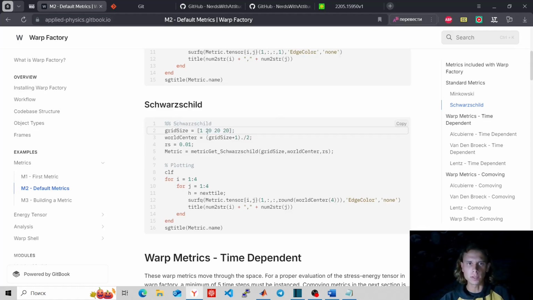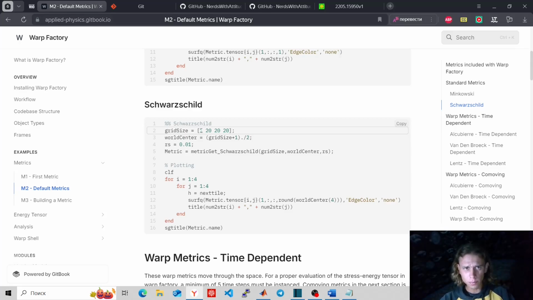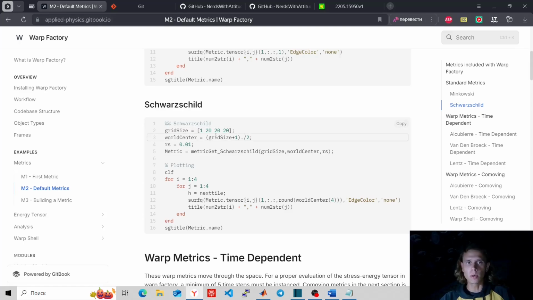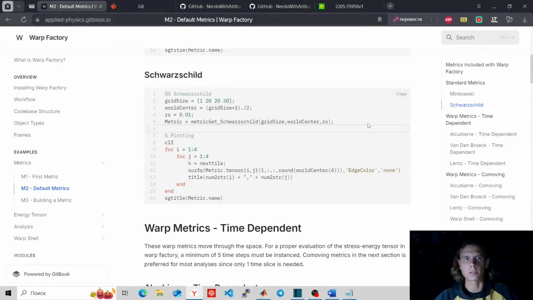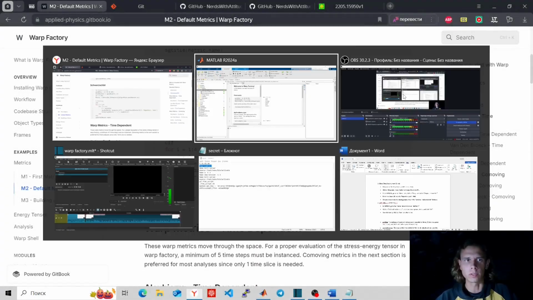We divide our space into discrete points, and for example, for x direction we have 20 discrete points. Changing grid size will greatly affect our computational time, because the more points you have, the longer your analysis takes. So let's just try to put this into MATLAB.